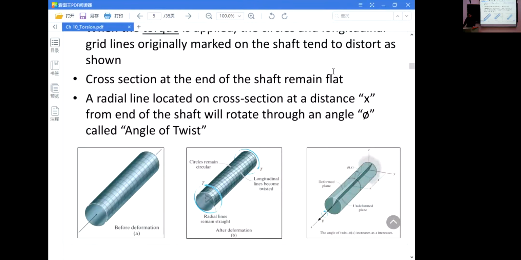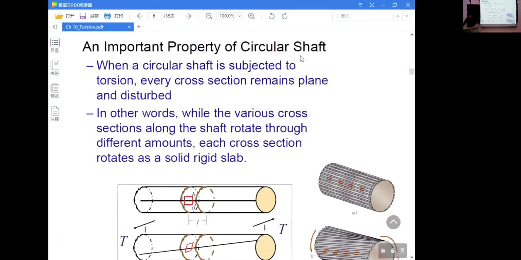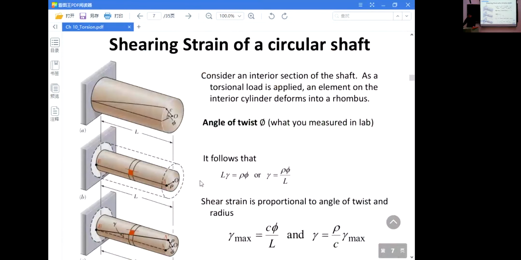Because based on the experiment, we can find that L gamma is rho phi.